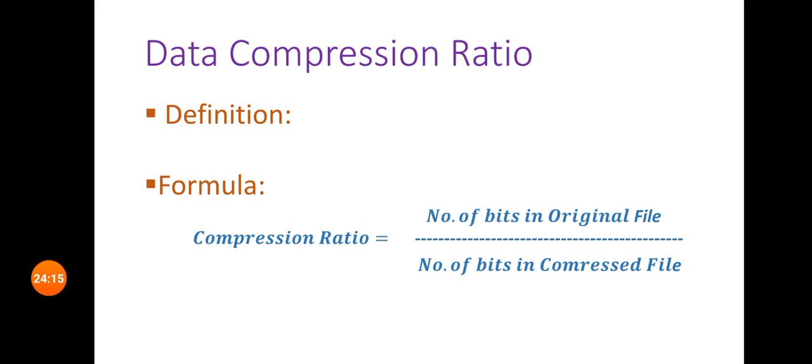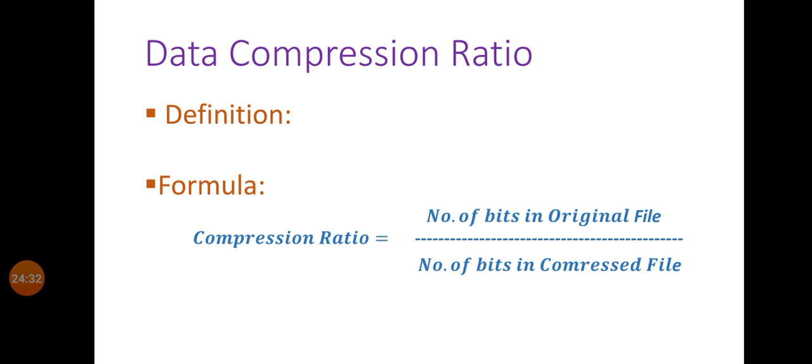The formula is compression ratio equal to number of bits in original file divided by number of bits in compressed file.